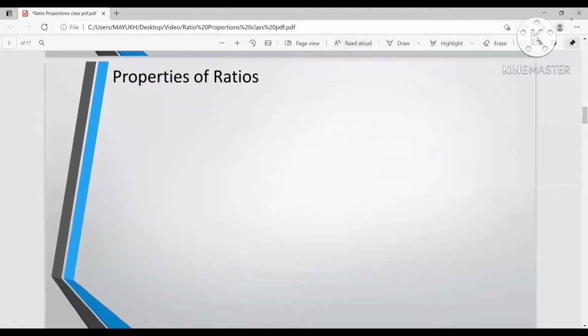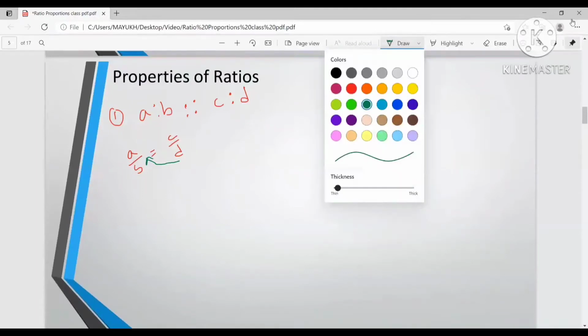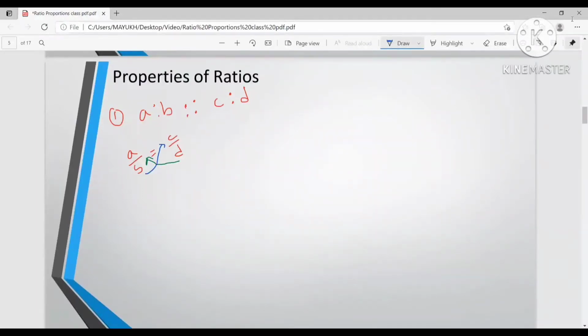Now we go to properties of ratios. Taking the first property, if A is to B is proportionate to C is to D, that is A by B is equal to C by D, and I cross multiply this, I get AD equal to BC.